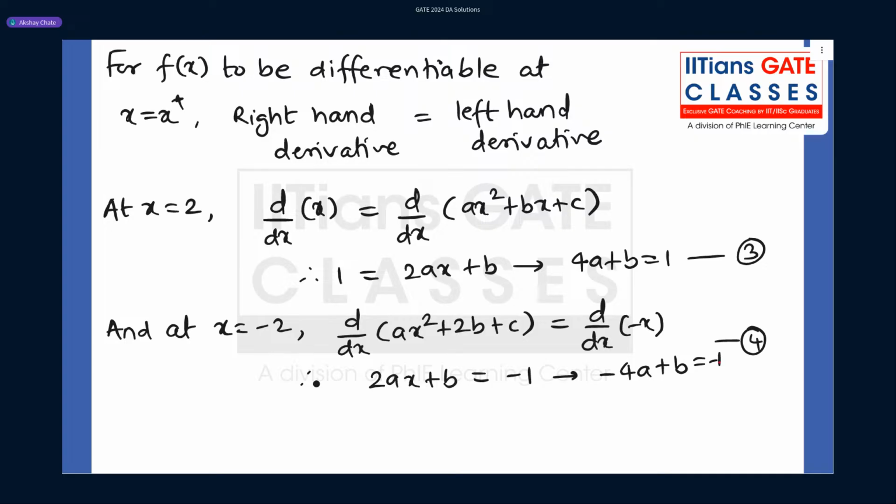So from here, b is already 0 because we got that from the continuity equation, right? So that means therefore you have 4a equal to 1. That gives you a equal to 1 by 4. And now what about c?